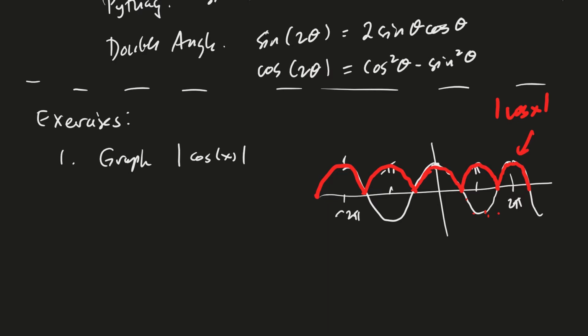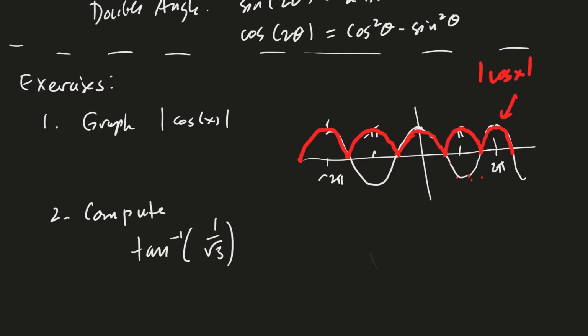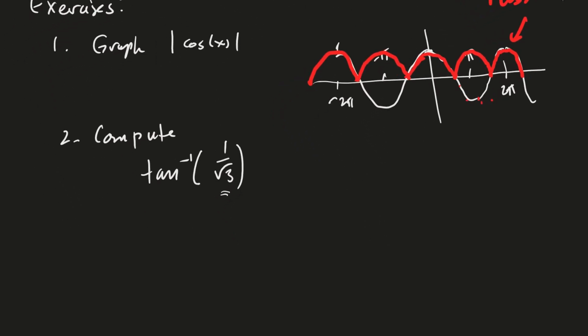How about something like, how would you compute the inverse tangent of 1 over the square root of 3? So you might recognize this as one of our special triangles. So I would just go ahead and jot down the triangle if you don't remember it. This looks like 45, 45, but it's actually 30, 60, 90: pi 6, pi thirds. Now this is 1, 2, square root of 3. Which side goes where?